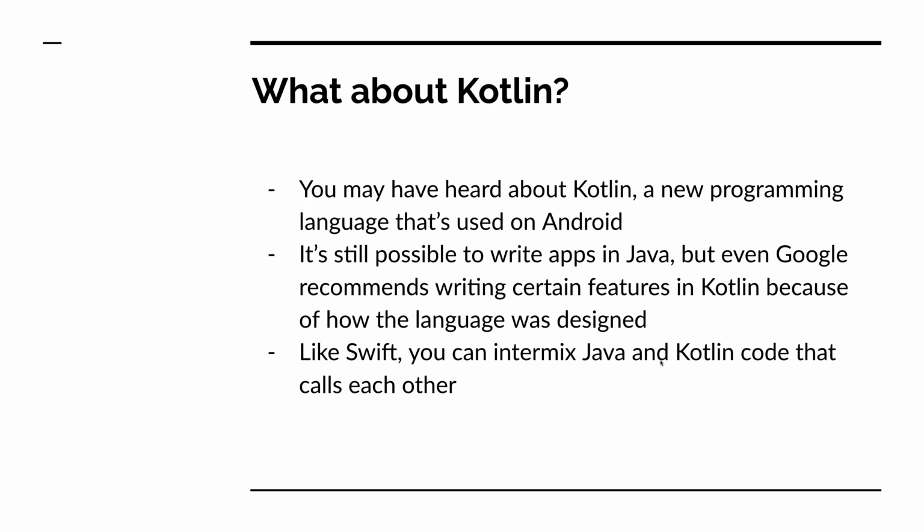And like Swift, where you can intermix Objective-C and Swift code, because a lot of apps were written primarily in Objective-C, and then Apple wanted to give app developers the ability of mixing and matching Swift for parts of the code base. You can also intermix Java and Kotlin, which is pretty cool because they can interface with each other, call each other, and then you can get access to a lot of functionality inside of Kotlin, even if you decide to write most of your business logic in Java.